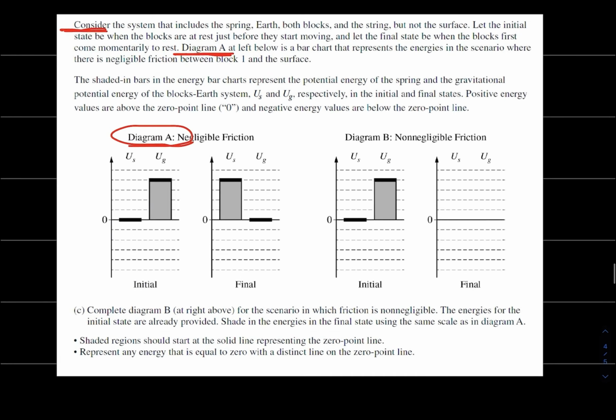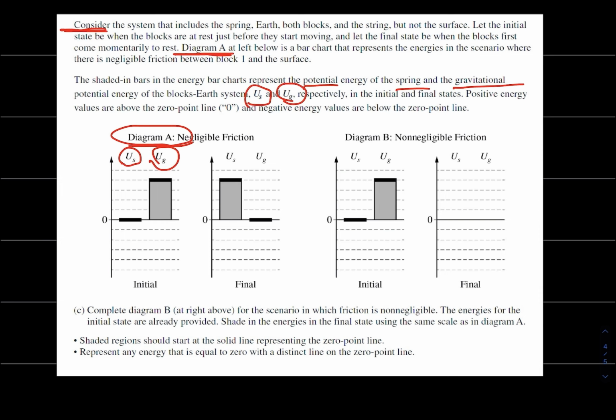The shaded in bars in the energy bar chart represent the potential energy of the spring and the gravitational potential energy of the system, respectively. This is the spring potential energy and the gravitational potential energy.